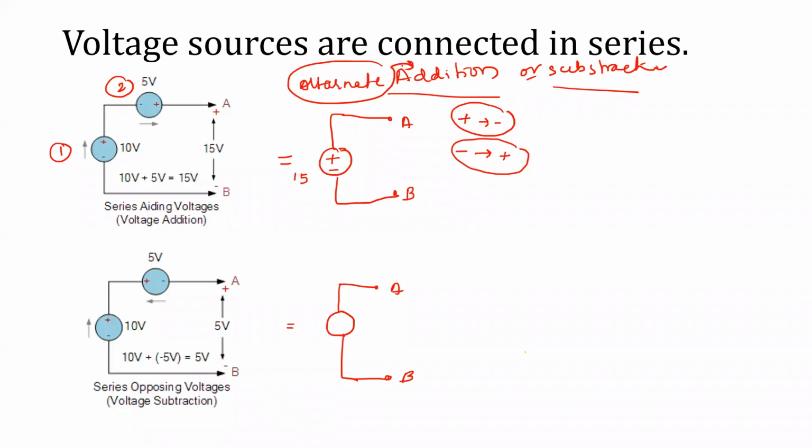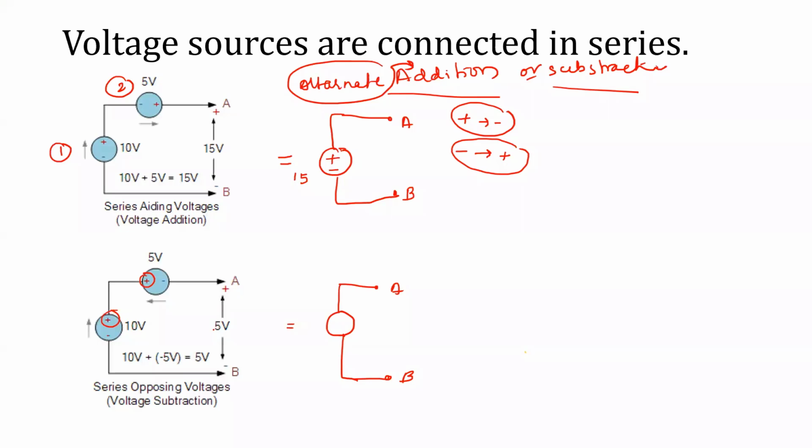I have said, if same polarities are connected, we should follow the subtraction. If alternate polarities are connected, we should go for addition. You can see here a positive terminal and a positive are shorted here, and negative are shorted here. As a result, we will get a subtracted result.